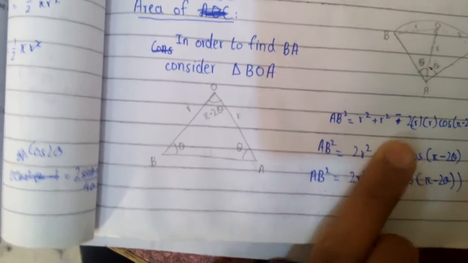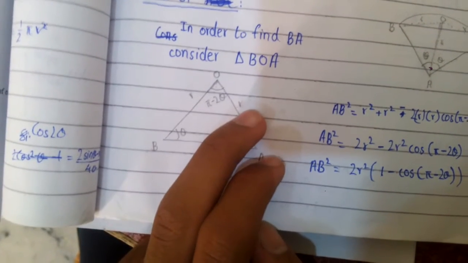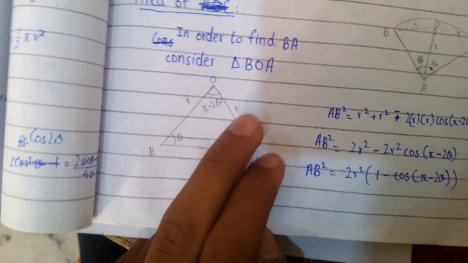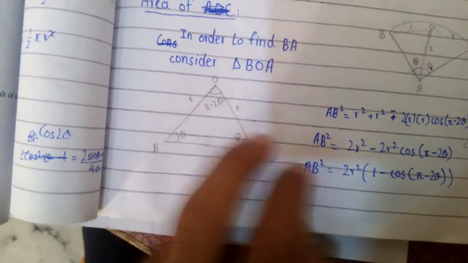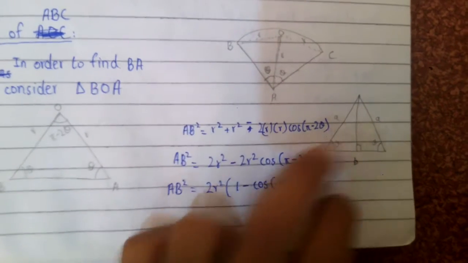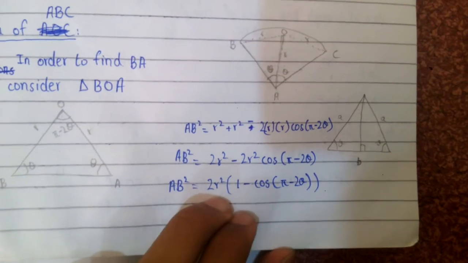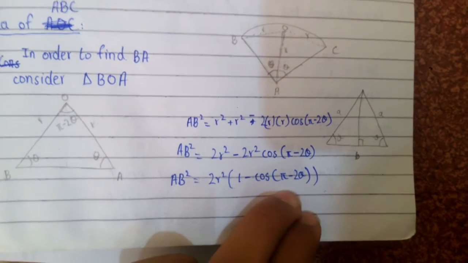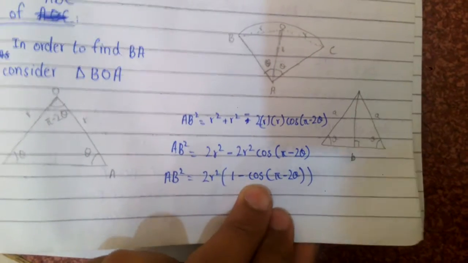I've used the cosine rule here, which says that AB squared is equal to R squared plus R squared minus 2 times R times R cos theta, the angle between these two sides. If we solve it further, we finally get AB squared is equal to 2R squared times (1 minus cos theta). So now we're going to further solve this over here.